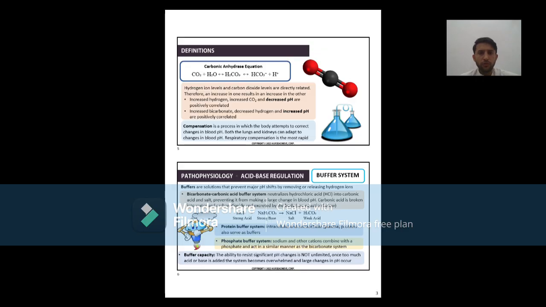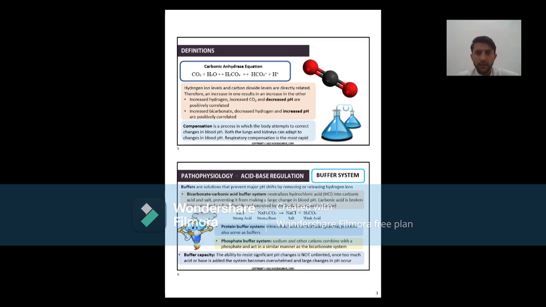We also have the protein buffer system, which is intracellular and extracellular. In intracellular we have hemoglobin, and extracellular is albumin. Hemoglobin is the most important intracellular buffer.